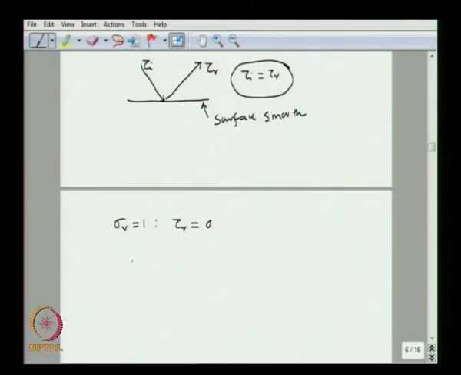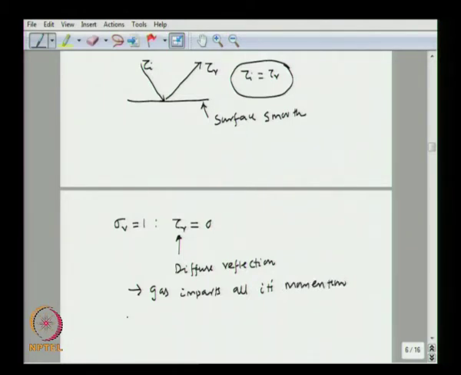So, in that case you can say that this is a case of diffuse reflection, where the gas imparts all its momentum.